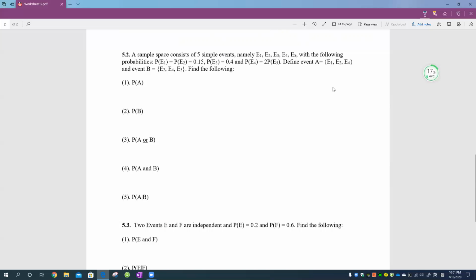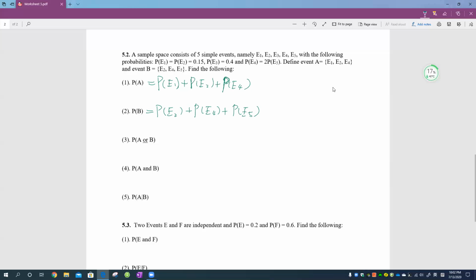So then probability of A equals probability of E1 plus probability of E2 plus probability of E4. Just the sum of the probabilities of each simple event. Same for probability of B. So it's going to be probability of E2 plus probability of E4 plus probability of E5.